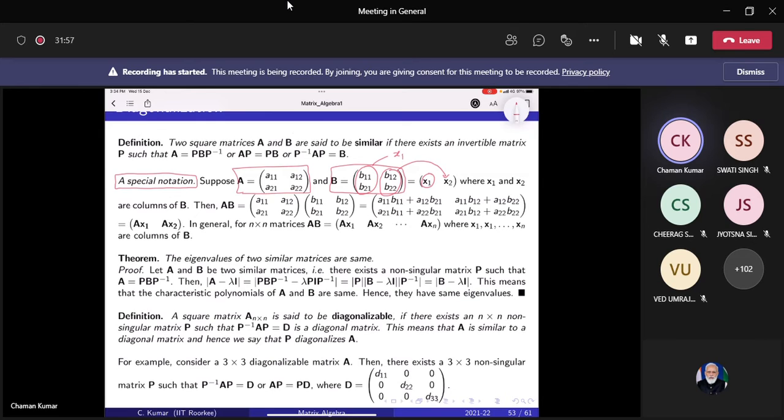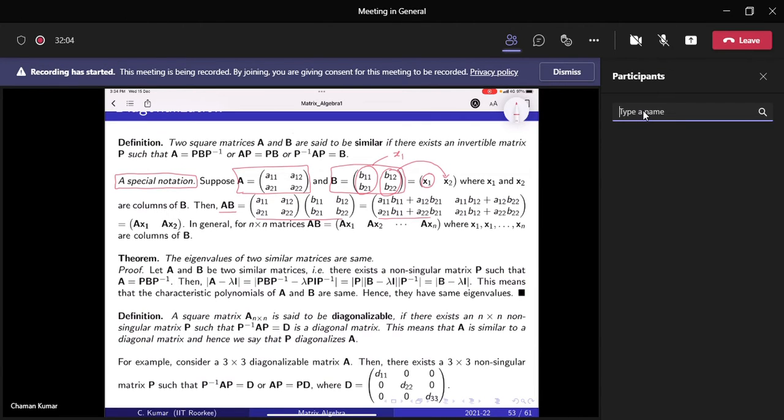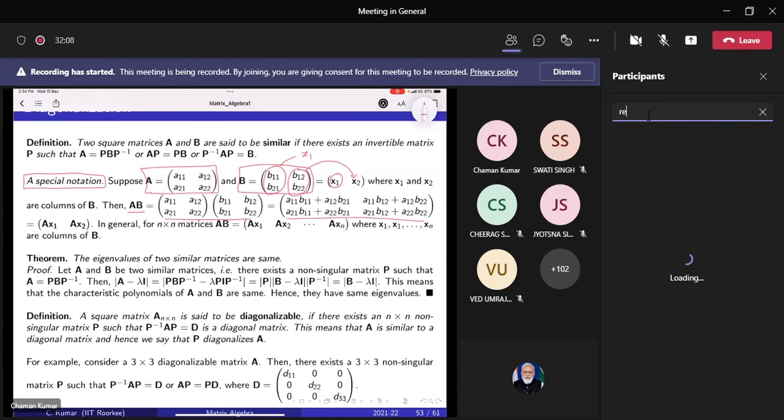Okay. Now if we multiply A and B using the usual matrix multiplication, this multiplication will come out to be this, right?